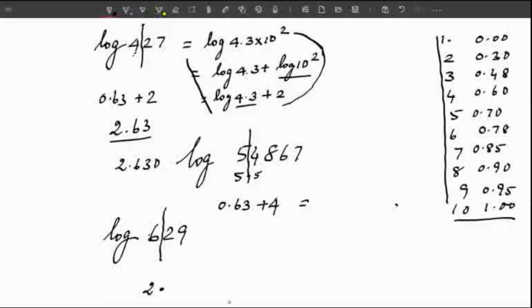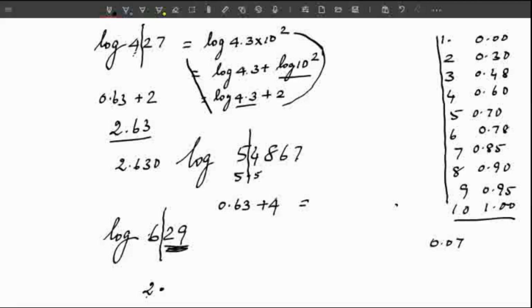Therefore, how many digits are there, 2, plus the 6.3. 6.3 is lying between 6 and 7, where the difference is 0.07. Therefore, for 6.3 the value should be nearing 0.78, but higher than 0.78.